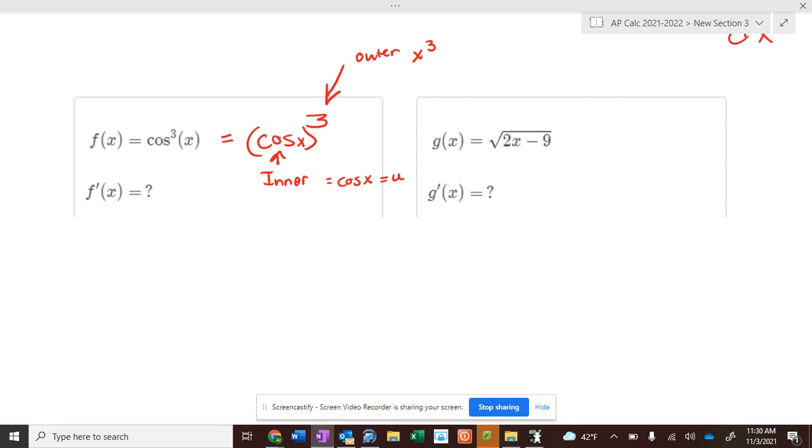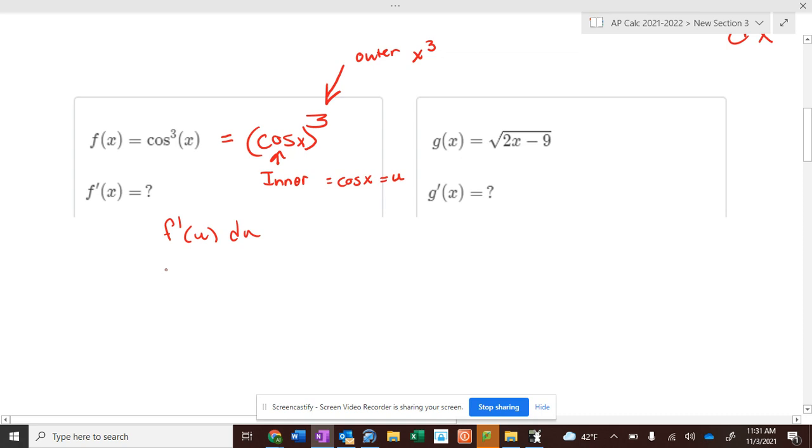So when we take the derivative of this, we're going to do the outer function to the inner function and then take the first derivative of the inner function. So it's going to be f prime of u du, in my words. What's the first derivative of this whole function?